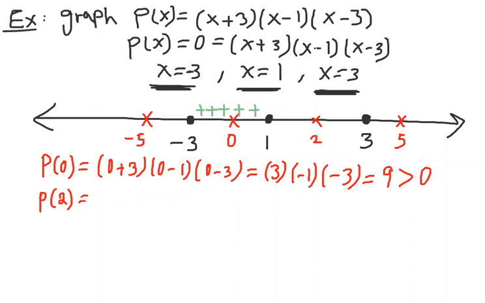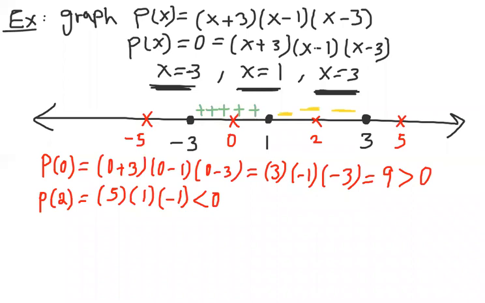So it will be like negative. So the answer, I don't have to plug it, just plug it by yourself, but I will show you for 2. So 2 plus 3 is 5, and 2 minus 1 is 1, and 2 minus 3 is minus 1. So the answer is negative. So here the sign is negative.